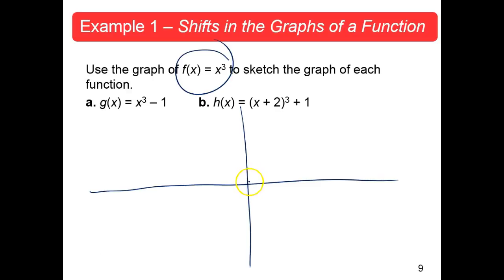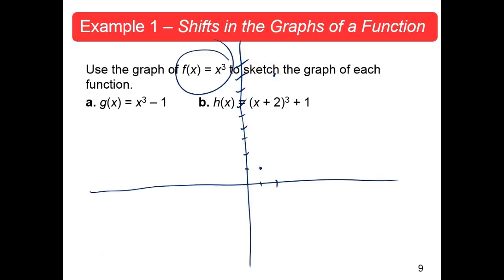Give me an x. 1. Okay, what would be your y then? 1. Right there, that's that point. Give me another x. 2. What would that y be? 8. 1, 2, 3, 4, 5, 6, 7, 8 right there. 2, 8 would be up here.